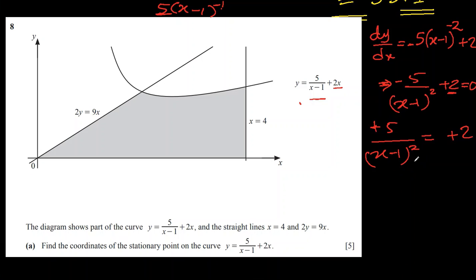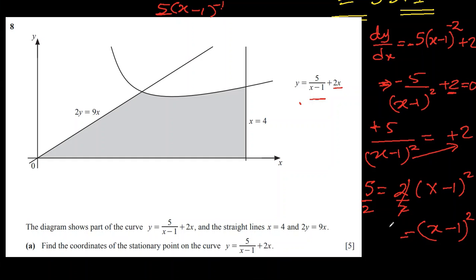We can cross multiply. So 5 equals 2 times (x minus 1) squared, and this 2 can come to the other side. We divide both sides by 2. (x minus 1) squared equals 5 over 2.